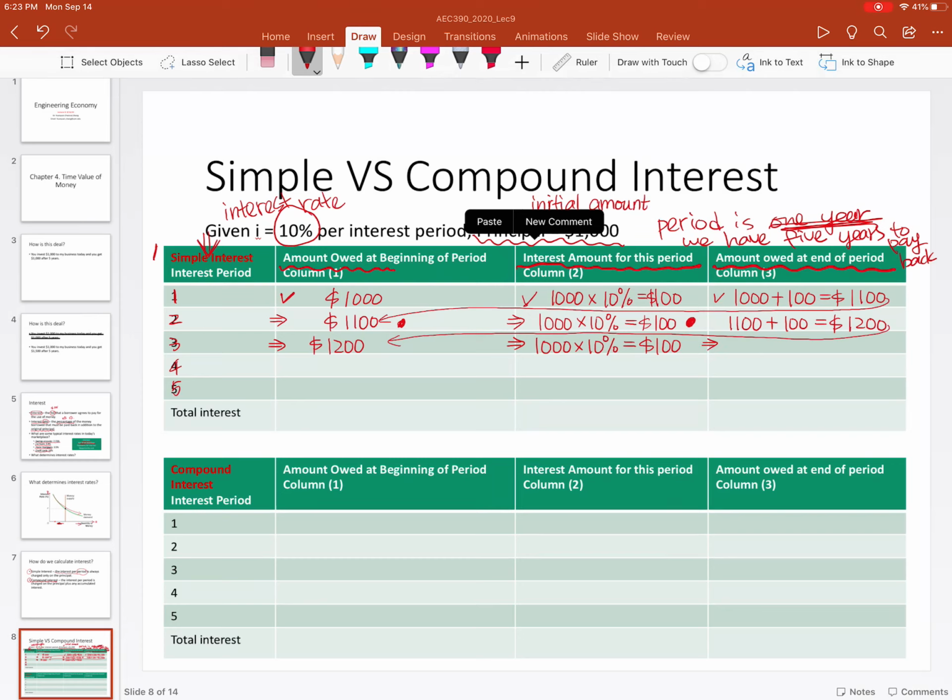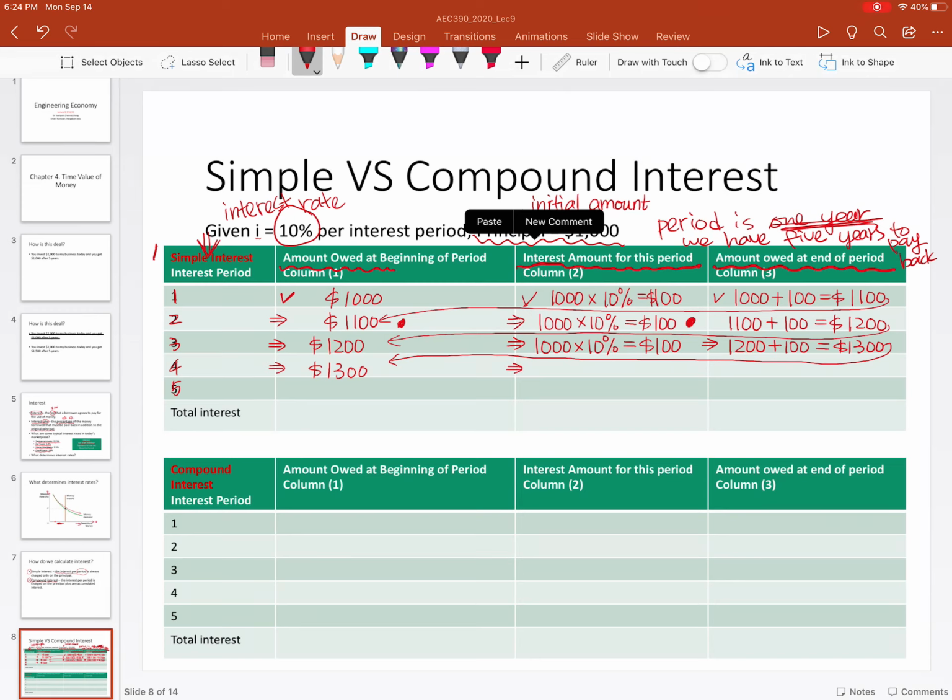And so at the end of the third year, how much do you owe? You owe the bank 1,200 plus the interest. That will be 1,300. Okay, so we're going to repeat this. We're going to put this 1,300 as the amount you owed at the beginning of the fourth year.